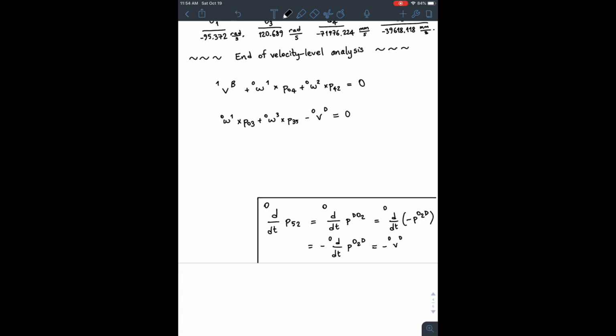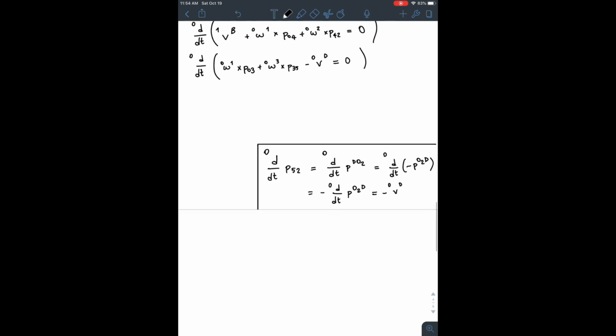Now, these are the simplified versions of our velocity level equations. But to do the acceleration level analysis, I need to take the derivative of these equations in the 0th frame. I must take this derivative. All right, very good.